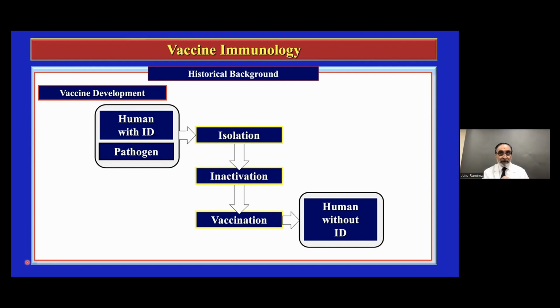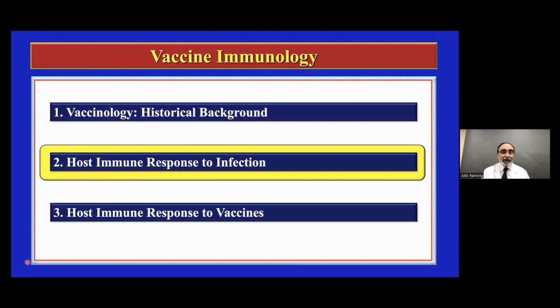The story of the BCG: let me get the pathogen, somehow make it less virulent, and then I inject this. We had no idea about the immune system, the immunology of anything. We knew that this worked, we didn't know why. And this was the way to develop vaccines. Okay, now we are going to move on. How do we understand today what happens when we get a pathogen, with a host response in humans?